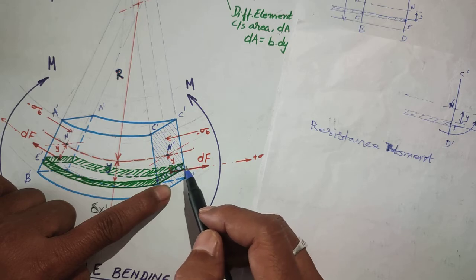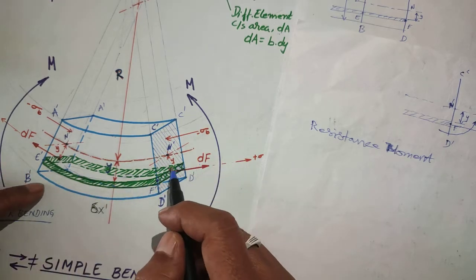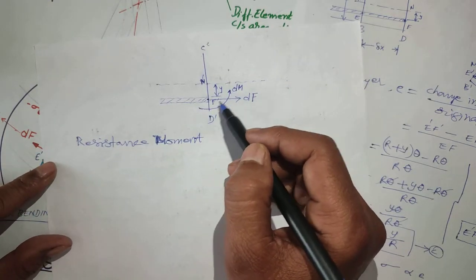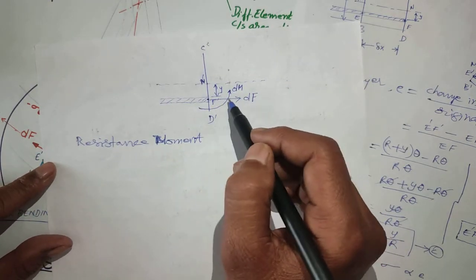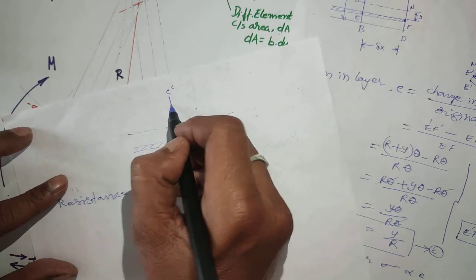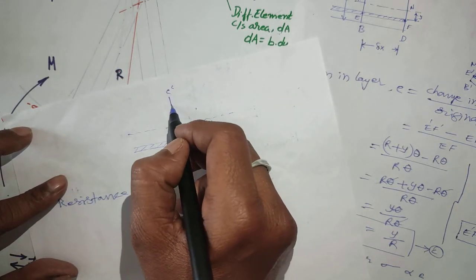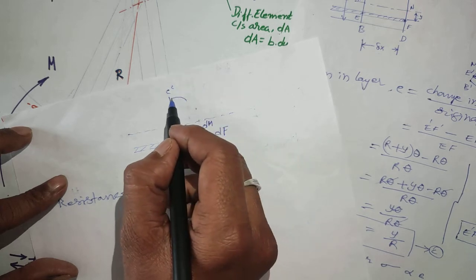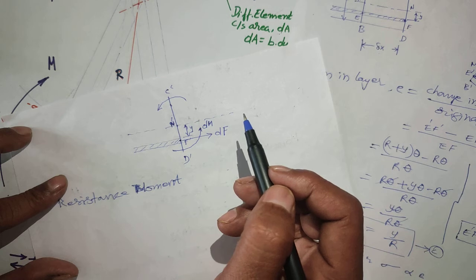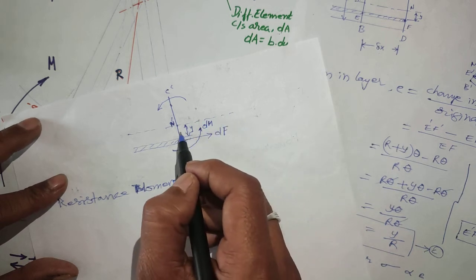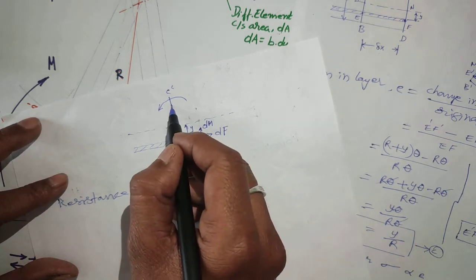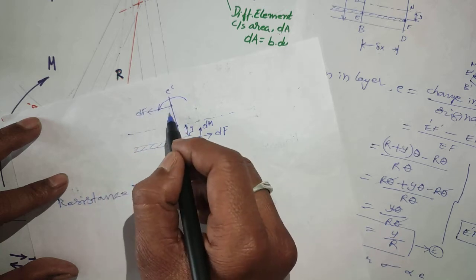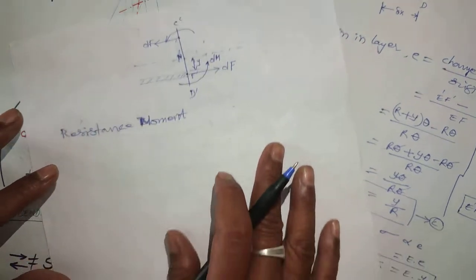Due to this force there is a small bending moment called dM. So it is positive. Similarly, if you take a point at a certain depth y2, it will bend like this, due to this force dF, at a certain distance.